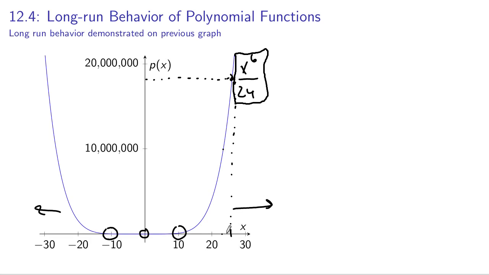So you can see my tracing wasn't great. 14.4 million would be the actual point at which it goes to 25 here.